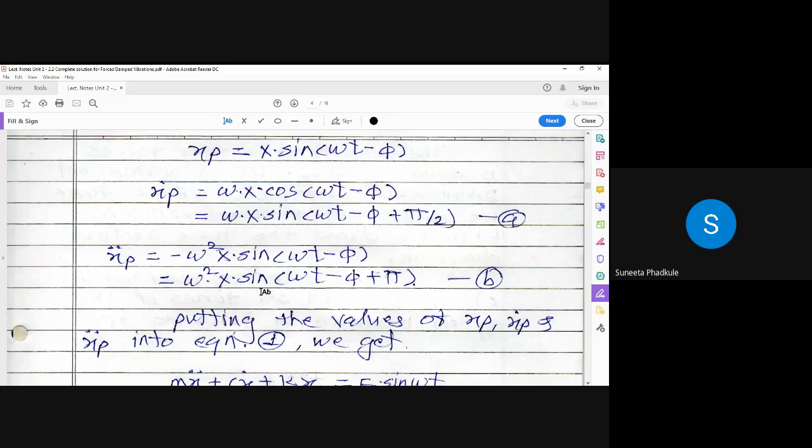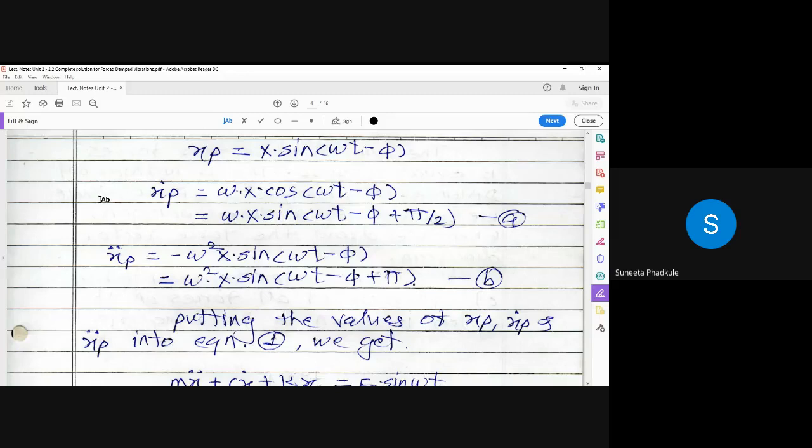Now I want to write this term with a plus pi, again you will come to know why later on. You know the relation between angles in the four quadrants: first, second, third, fourth, and you know ASTC.